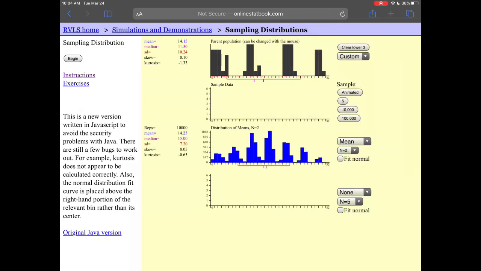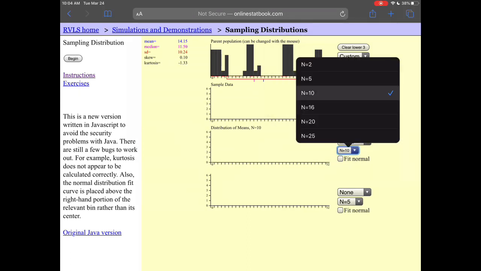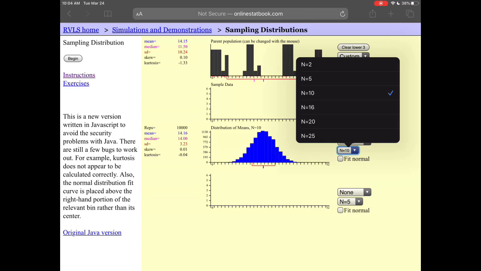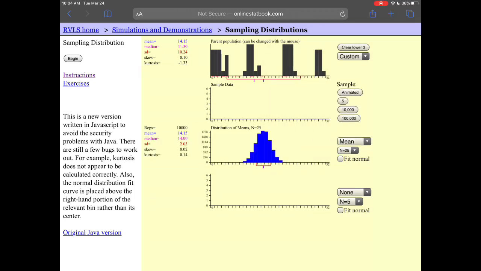For sample size n equal 2, the mean is 14.23. For sample size n equal 10, the mean is 14.16. For sample size n equal 25, the mean is 14.15. All of those are around 14, and the distributions got skinnier, so the variability is decreasing.